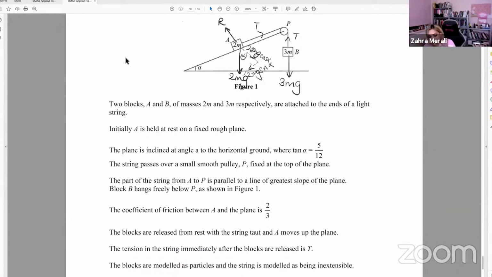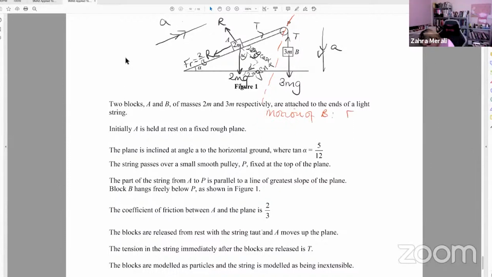We find it's a rough plane, which means we're going to have friction, which is going to be mu R, but we're given mu as 2/3, so 2/3 R. And we know this is going up, so this must be going down. Okay, that's everything that we need. So now we're going to split it and think about each of the motions separately. So we'll do the easy one first, motion of B.